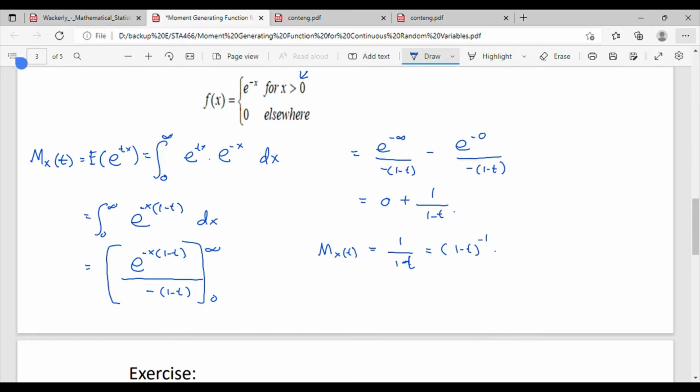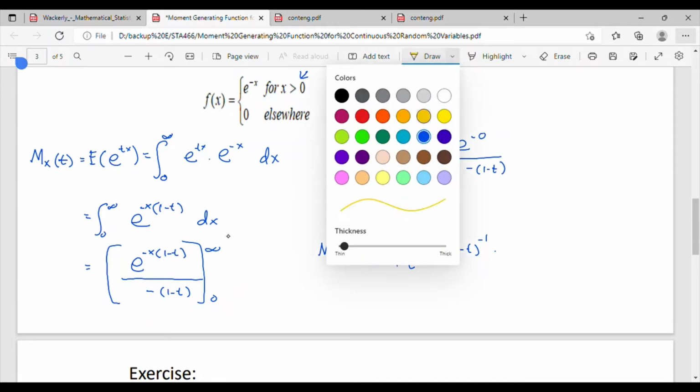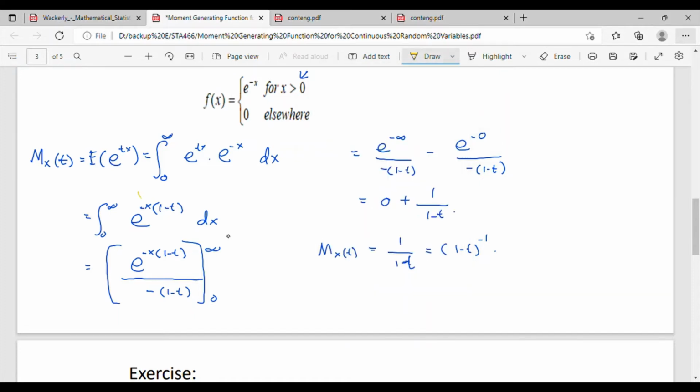Okay, so kenapa saya suggestkan tadi untuk keluarkan negative x, sebab bila dah integrate kan, dan then replace x dengan infinity, we know that e power of negative infinity is 0.